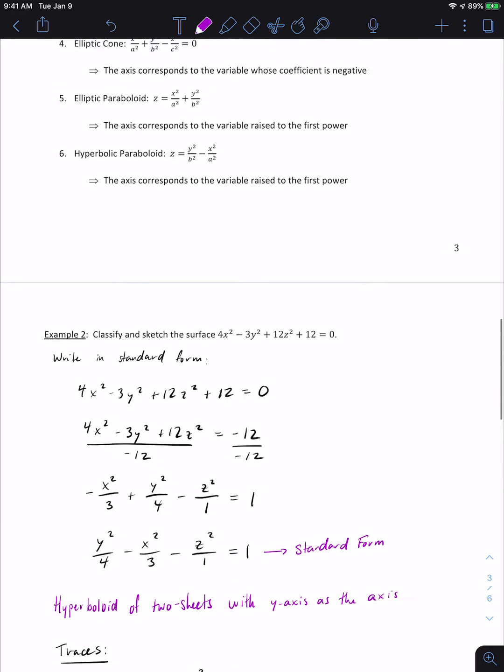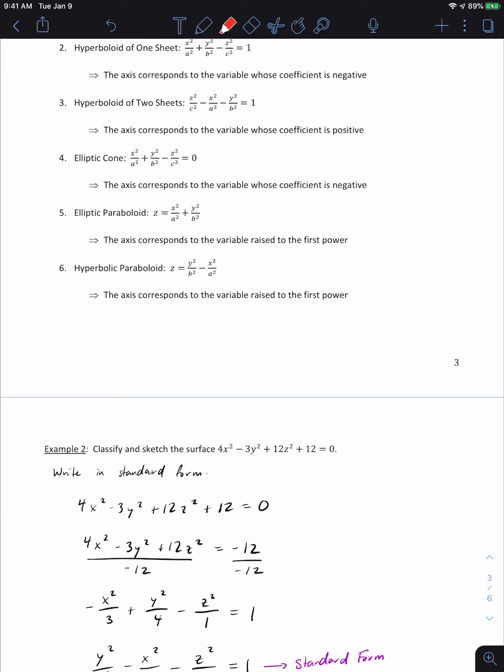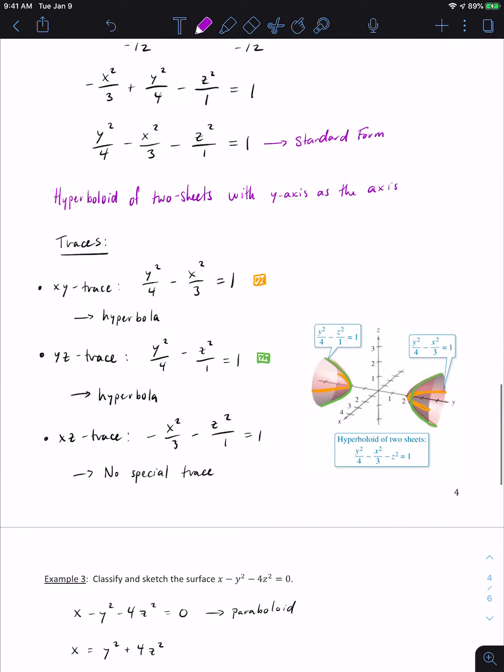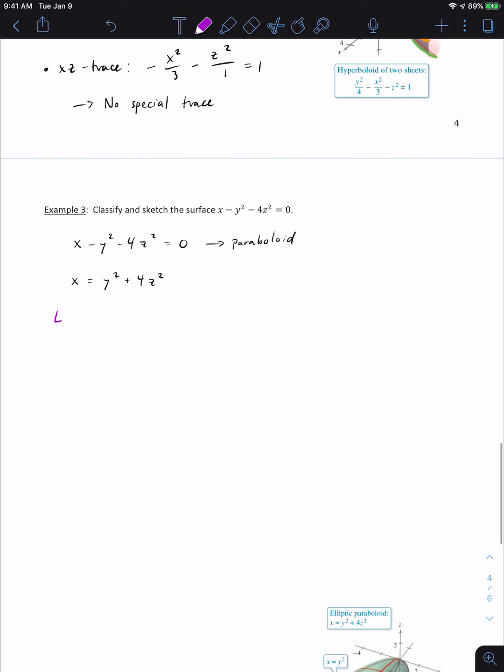This one has a plus sign, and the paraboloid with the plus sign is the elliptic paraboloid. So that's what this one is. This is an elliptic paraboloid. And the variable that's not being squared is where the axis is, so it has the x-axis as its axis.